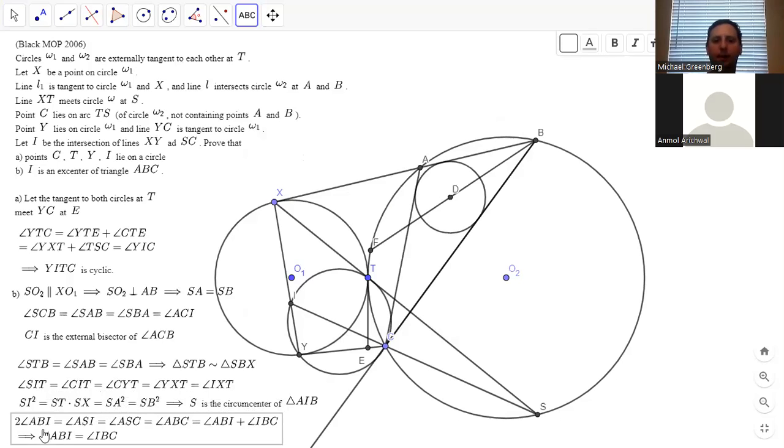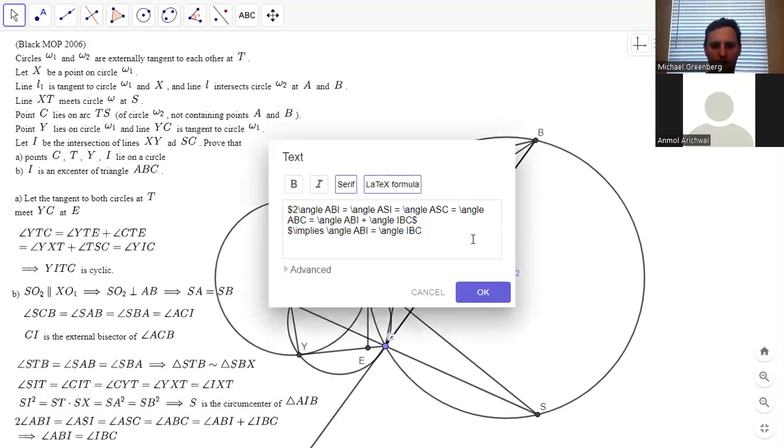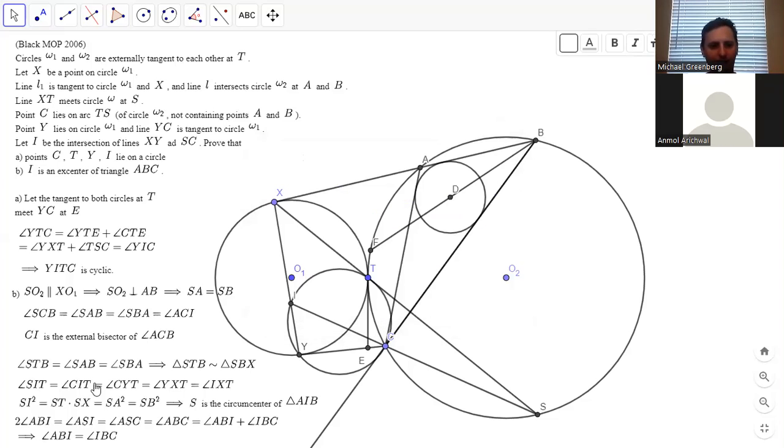once we know that, basically I is the excenter of ABC, because it lies on two of the three external angle bisectors. This is interesting. I like that, really the key is that S is the circumcenter of AIB.